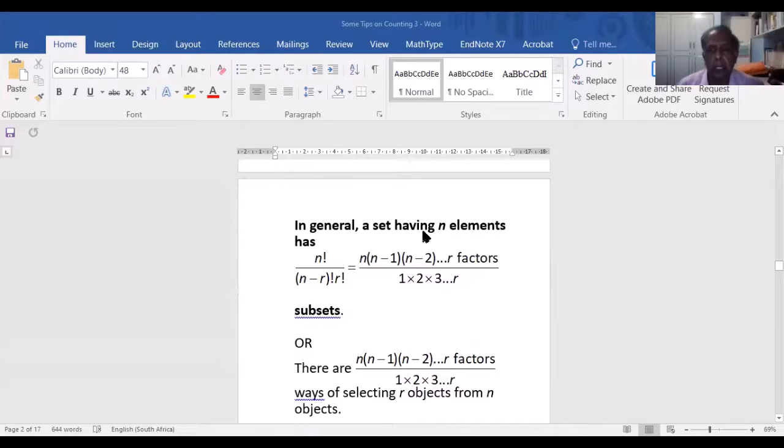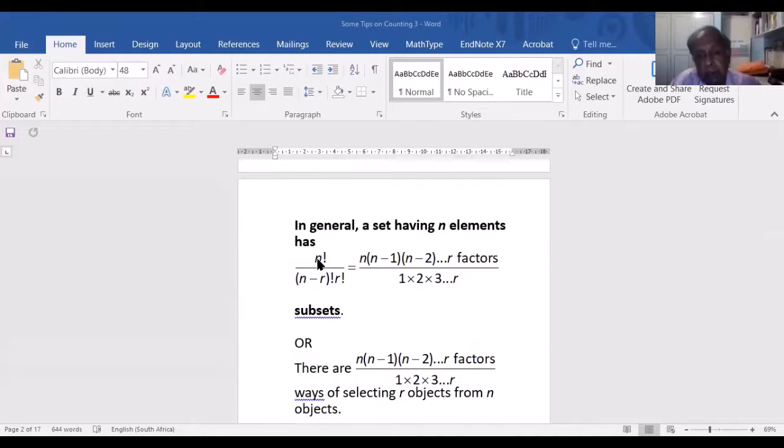So in general, a set having n elements has this number of subsets in it: n factorial over n minus r factorial times r factorial. I'll come back to this just now. So this is the formula. I can have any number of elements in the subset.